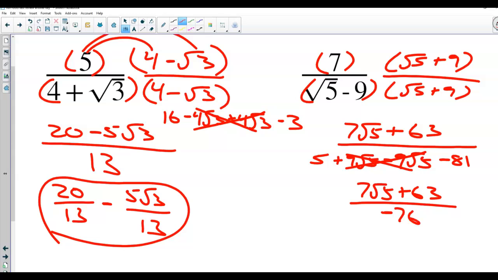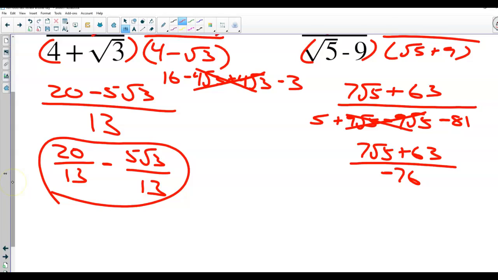Now, there are two issues here that you do have to correct. And I don't know if I was clear enough about this when I first introduced it, so let me be real clear right now. One, we don't need negatives in the denominator. So that negative gets distributed to your numerator. We take the negative out of the denominator and put it in the numerator.